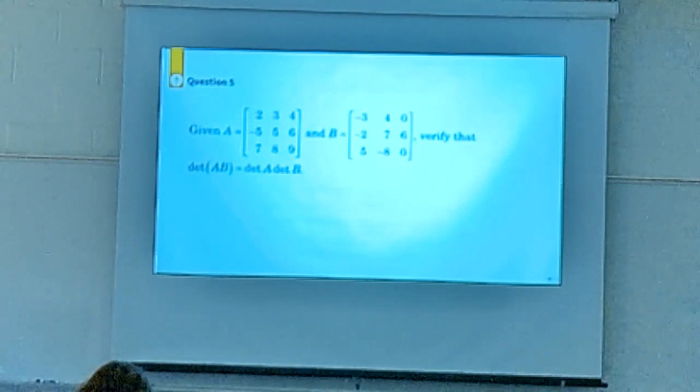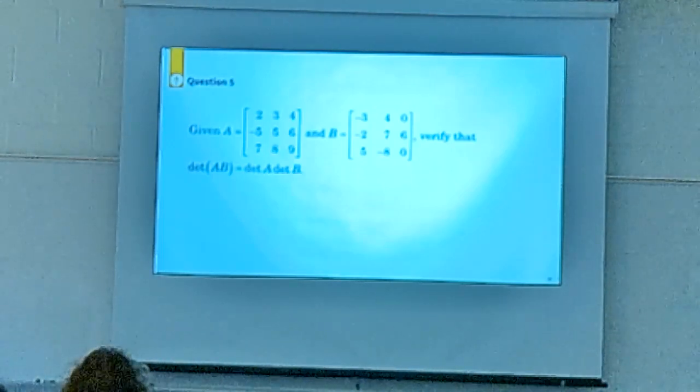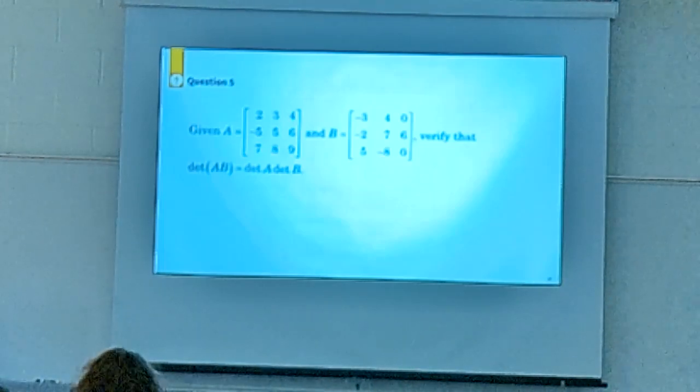Property of determinants, I don't know if this has been proven in the videos already. Determinant of a product is the product of the determinants. We're not proving it here, we're just verifying it for these matrices. Do you recognize those two matrices? They're what we used before.